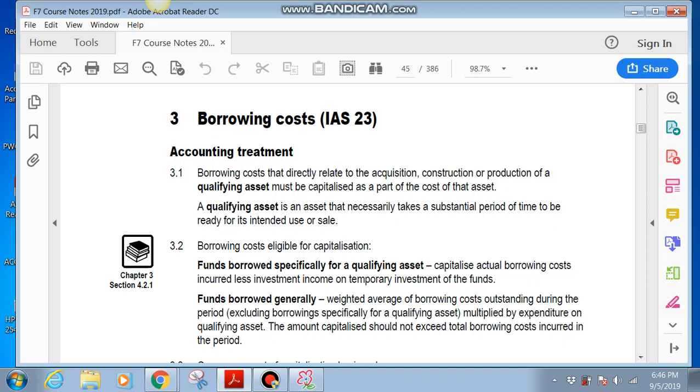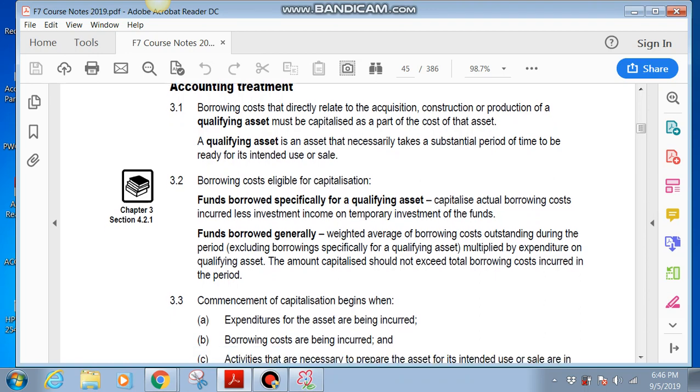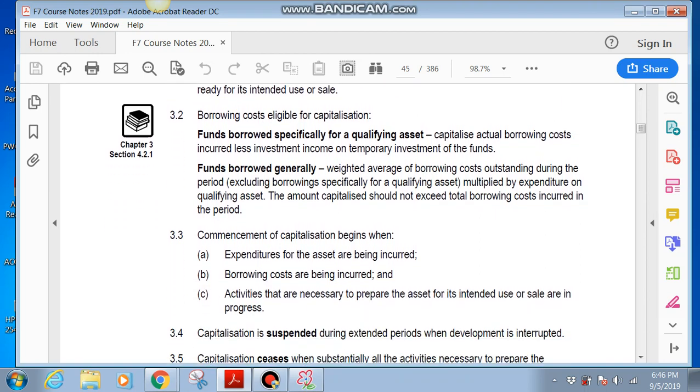Now, there are two types of borrowing costs which are eligible for capitalization. There are costs borrowed specifically for a qualifying asset.